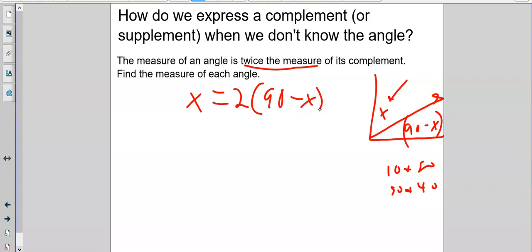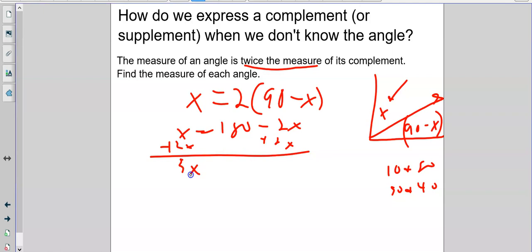If I just do some algebra, that's going to be 180 minus 2x. I'm going to add 2x to both sides. That gives me 3x equals 180. And when I divide, I get x equals 60. So if one angle is 60, the other is 30. And this angle here is twice its complement.